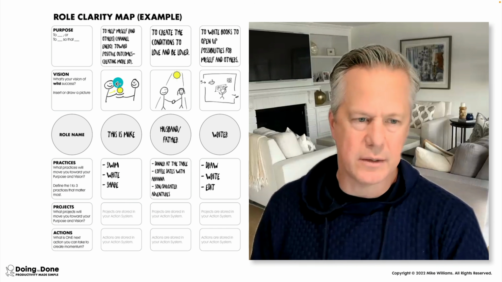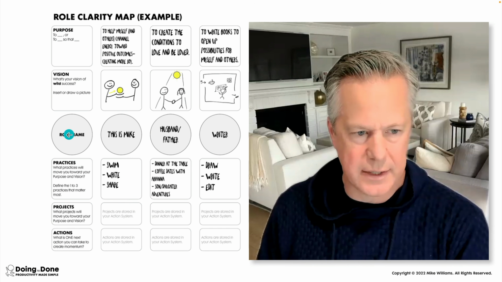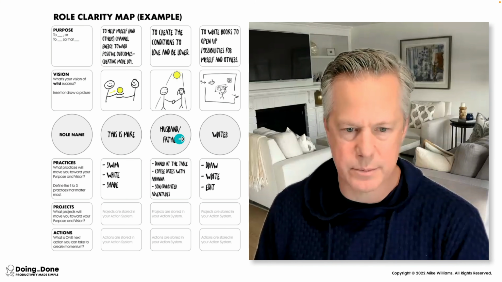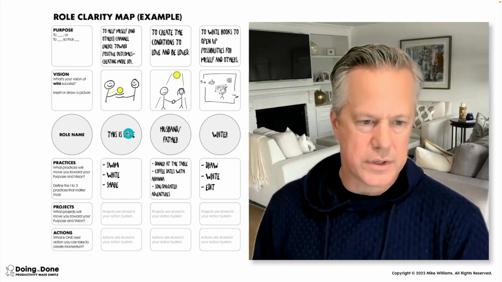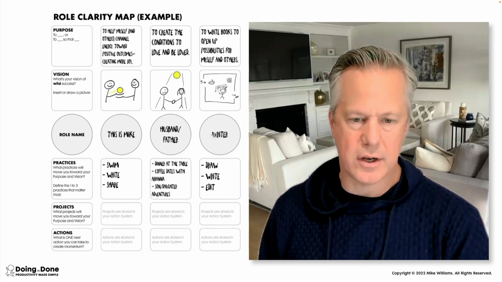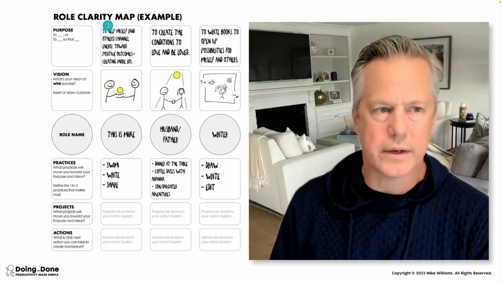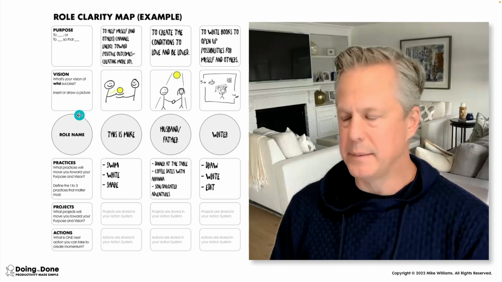We won't do this now, but this is a great activity. What we're going to take is the names that you created, and we're going to bring those over to the next part of the presentation today, which is your role names as they relate to OmniFocus. But let me give you an example of what a filled out role clarity map might look like.